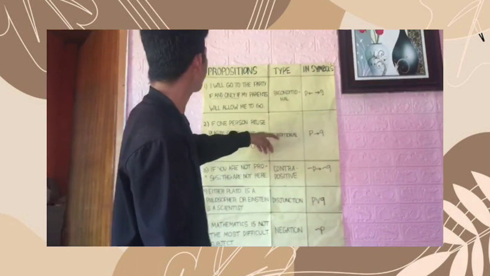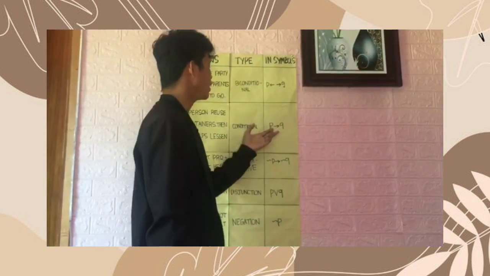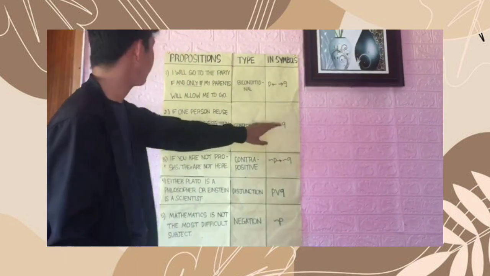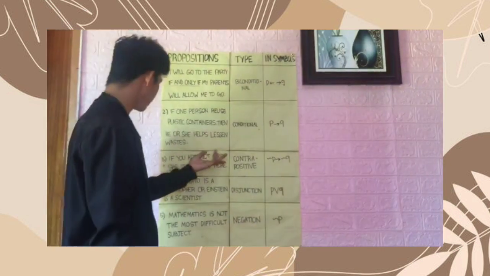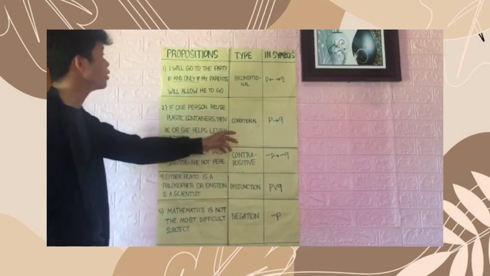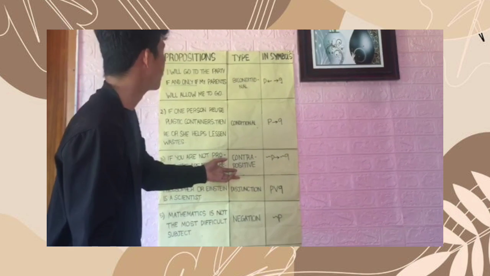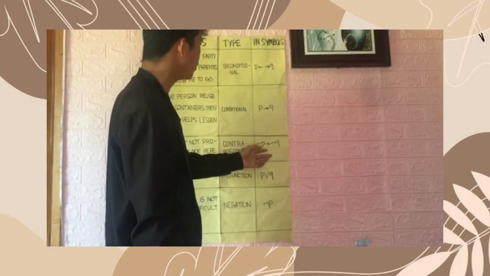The type of proposition is conditional, in symbol P right arrow Q. Number 3. If you are not in senior high school, then you are not here. The type of proposition is contrapositive, in symbol not P right arrow not Q.